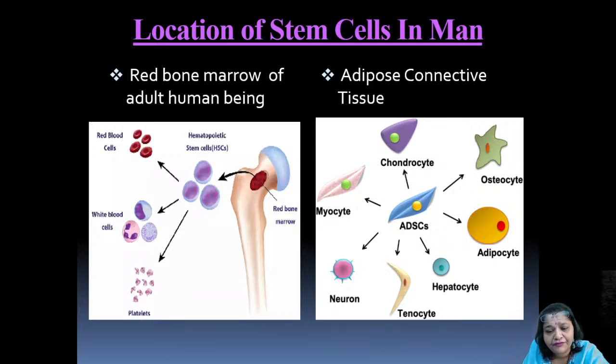So different kinds of cells can be produced from the adipose connective tissue, right? Which is of course a location of the stem cells. The adipose tissue, you all know, is generally found under the skin and on the surface of large organs, and they connect various organs to each other inside the human body.